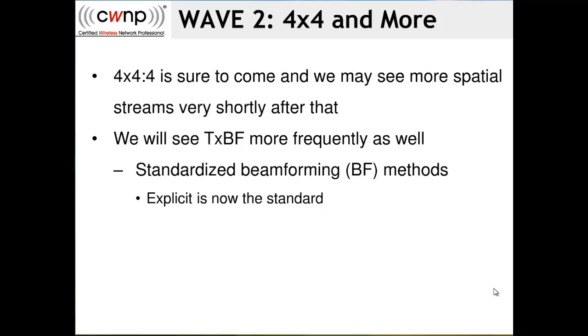Now we have explicit beamforming as the only kind that is required or defined in the standard. So explicit beamforming means we're going to communicate back and forth from the client and the access point. So they're going to talk to each other and say, hey, here's what I'm seeing in the channel.